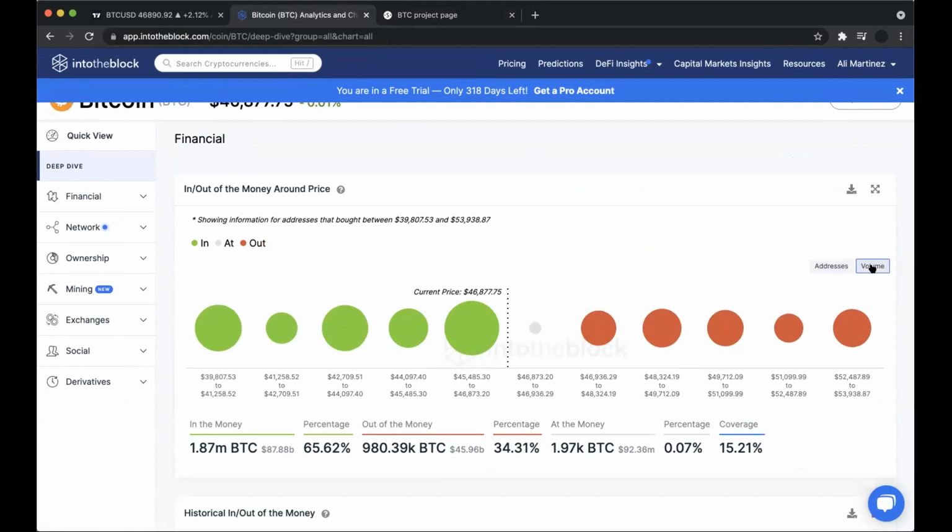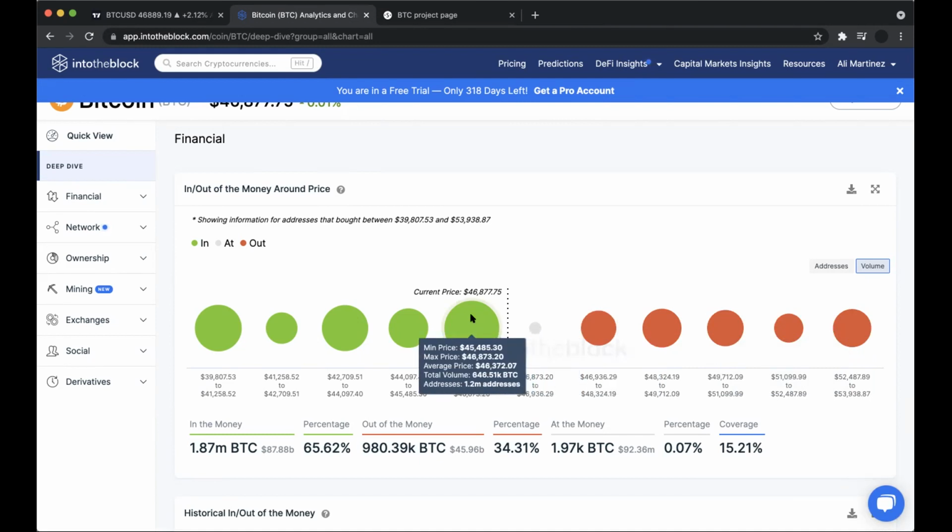And then of course, when you look into transaction history, it does seem, just like Sheldon said, that if Bitcoin manages to break above $50,000, it's kind of like a free space for it to run all the way up to 57,000, as the IO map, the in and out of the money around price model, shows no significant resistance barrier ahead of Bitcoin.